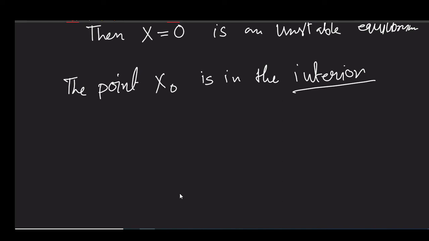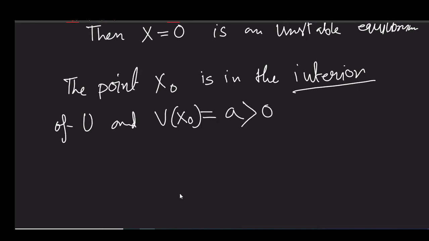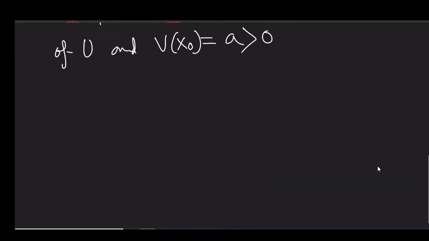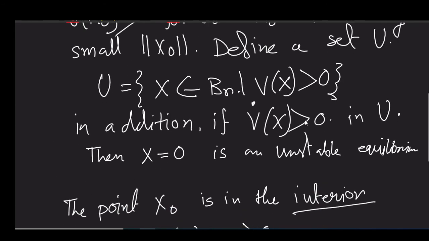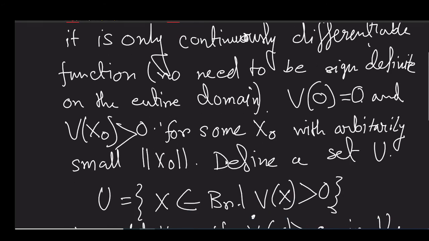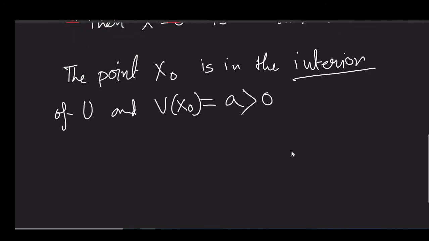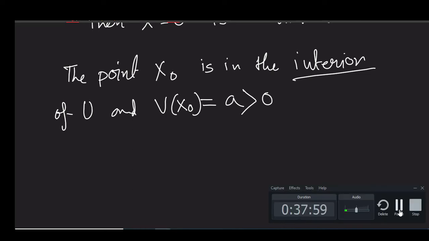I do not know how many of you will actually notice that there is a term interior and how it is different from interior designing, but it is my duty to make you aware of what is meant by interior. With the removal of that restriction, we have this and we define U. Now the point x naught is in the interior of U; let me discuss what is interior.